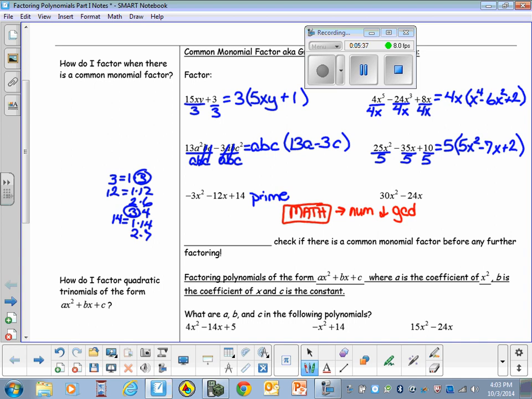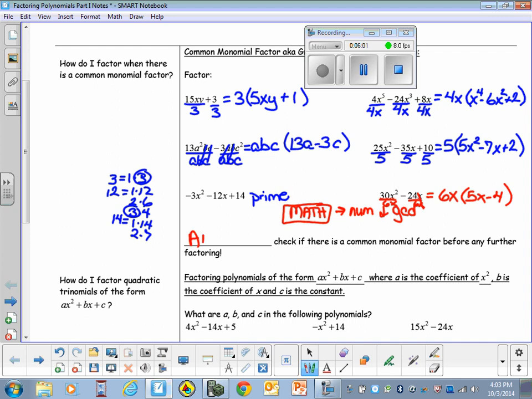So we're going to be able to pull out a 6 from both of these, and also an x. So we're going to divide both sides by 6x. Let's see, 30 divided by 6 is 5, and x squared divided by x is x. Negative 24 divided by 6 is negative 4, and the x's cancel.